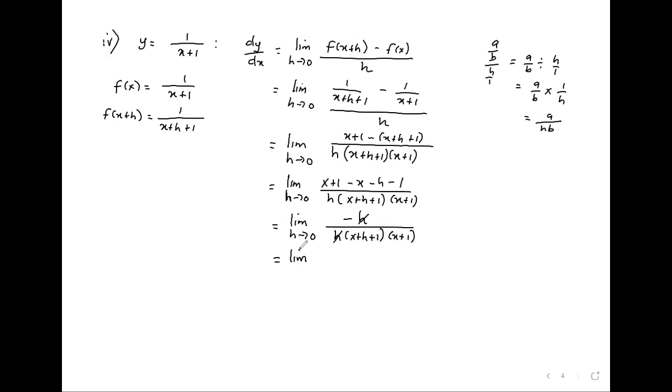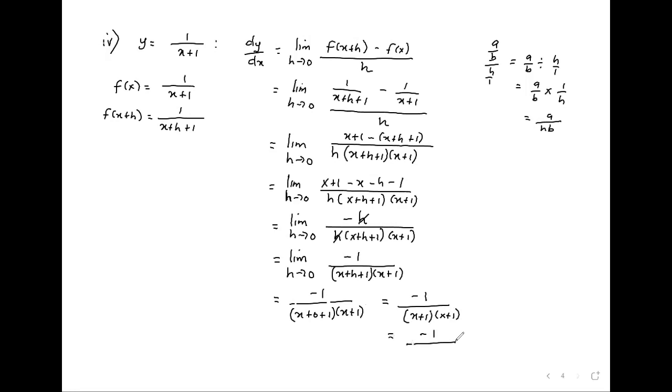We remain with the limit as h goes to 0 of negative 1 over x plus h plus 1, x plus 1. Now when you substitute 0 where there is h, things will still be defined. This will be negative 1 over x plus 1 multiplied by x plus 1. So if you want, you can write it as x plus 1 squared.